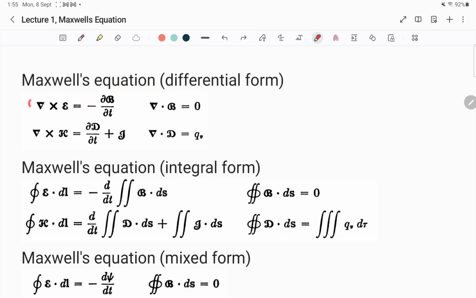Because here the differential operator del is used. There is one small thing which you should notice, that the time derivative is also a partial derivative. When Maxwell's equation is written in differential form, the partial derivative with respect to time is used.